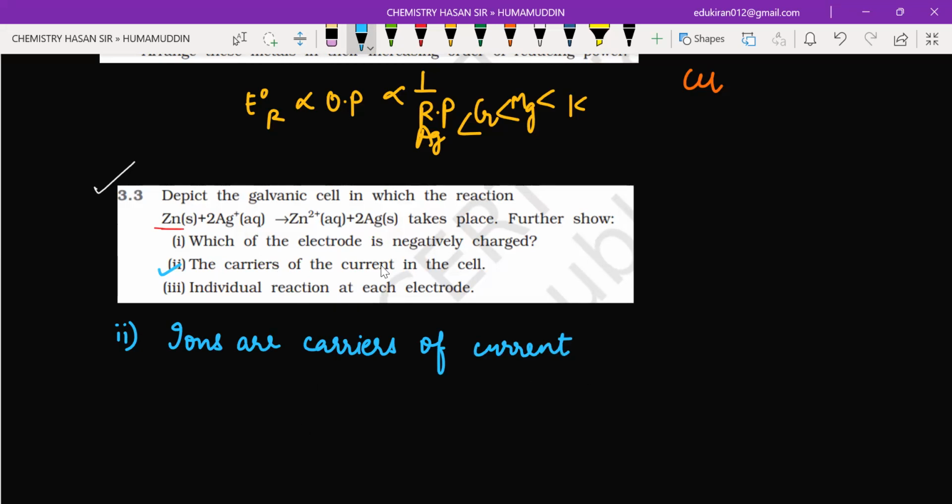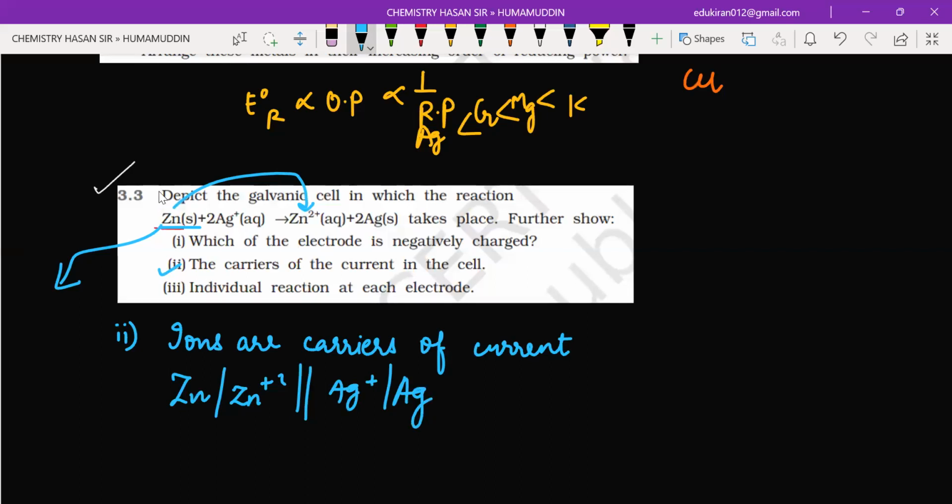And you know how to represent it? I'm going to show you. Oxidation takes place: Zn to Zn plus 2. So oxidation of zinc means at the anode. We show the anode first, then double slash, then Ag plus comes into play, and then Ag plus slash Ag. This is the answer for depicting the galvanic cell.